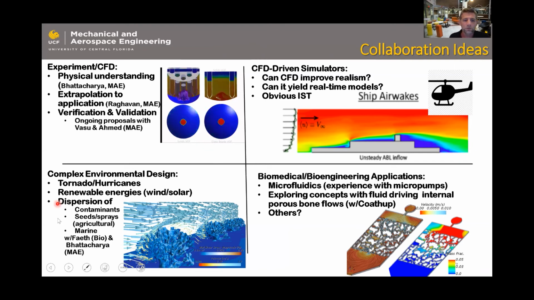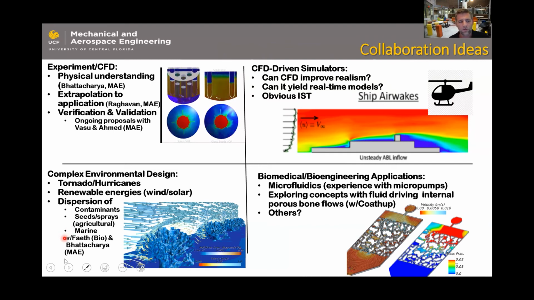Also complex environmental design, things like tornadoes, maybe hurricane loading on any kind of civil structure, as well as renewable energies and dispersion of various things. So this is a picture of dispersion of soils and how they deposit on coral reefs.